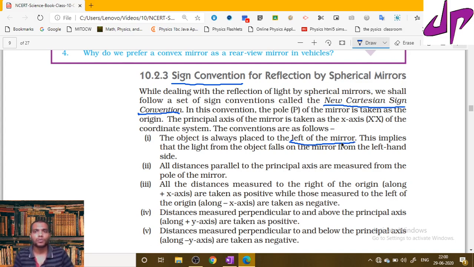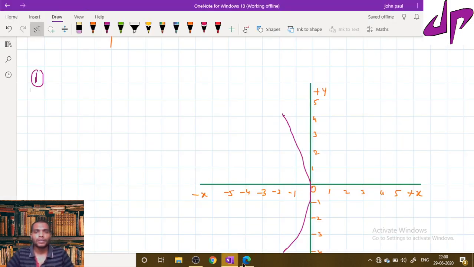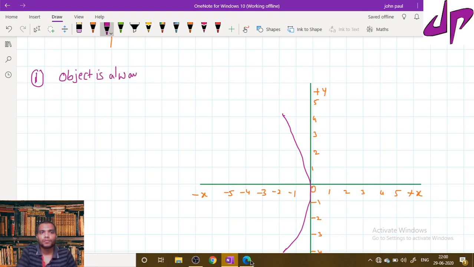It means we have to keep the object always on the negative x-axis, always on the left of the mirror.